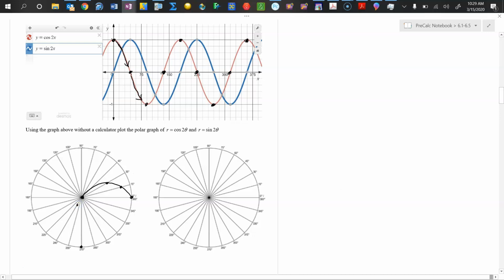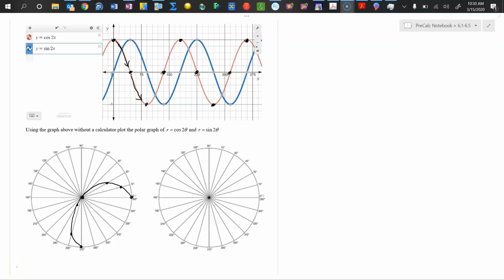We put a point close to 0 at 75 degrees. r is getting closer to -1, so we go in the opposite direction and we put a point closer to 1 unit away from the pole. And by the time we get to 90 degrees, we're at -1, so our graph is going to do that.